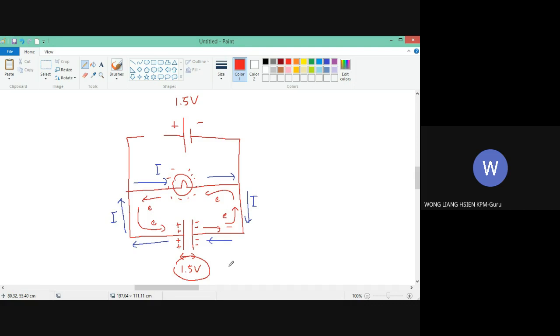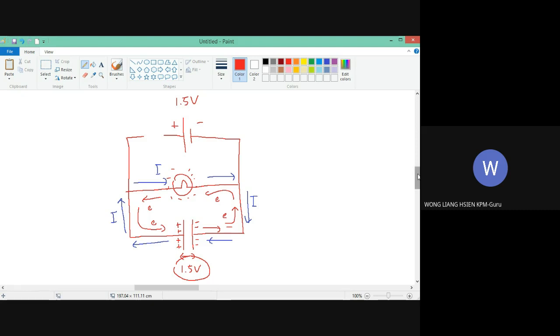So the 1.5 volt becomes smaller until zero. When both sides are balanced, the voltage between the two plates is zero, so no electron can flow and there is no more current. So the bulb becomes dimmer and dimmer and then off. Get the idea.